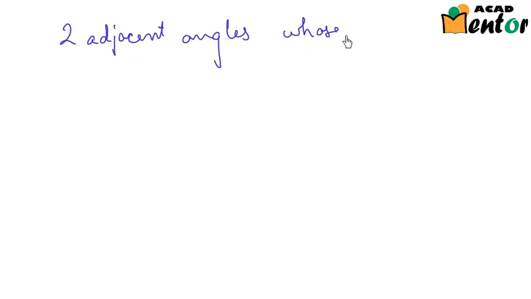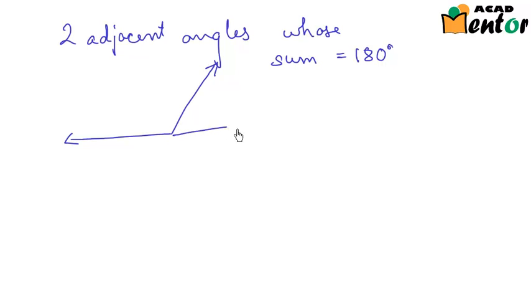Let's say that there are two adjacent angles whose sum is 180 degrees. So what would happen in that case? Let's first draw the figure as is customary with every geometry problem. Let's say that this is the first angle and this one here is the second angle.